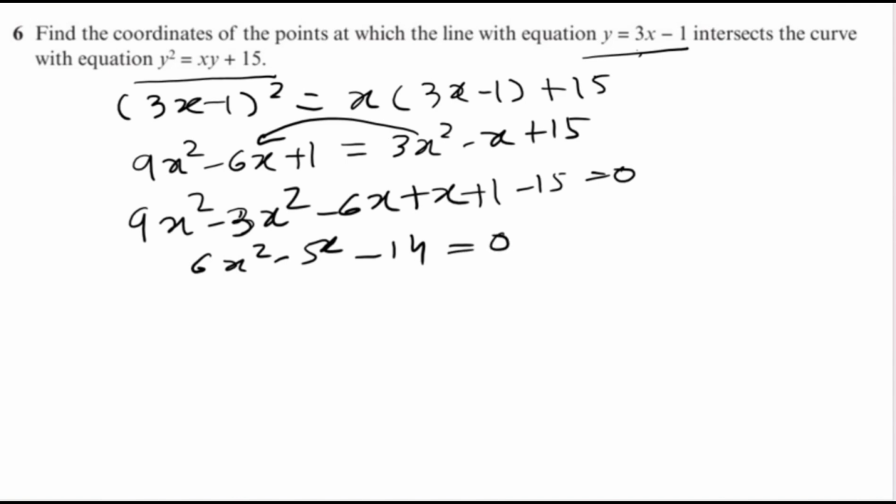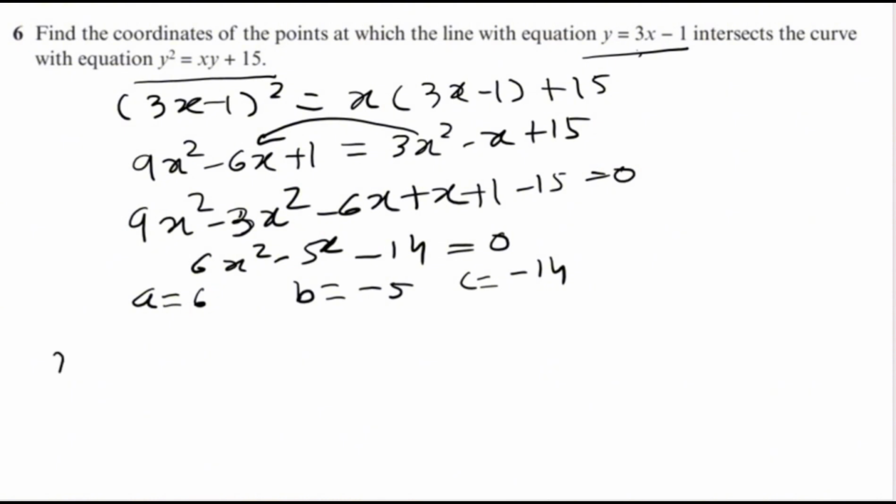So here we have to factorize it. But it's a big number, so I will use the quadratic formula. So my a is equal to 6, b is equal to -5, and c is equal to -14.